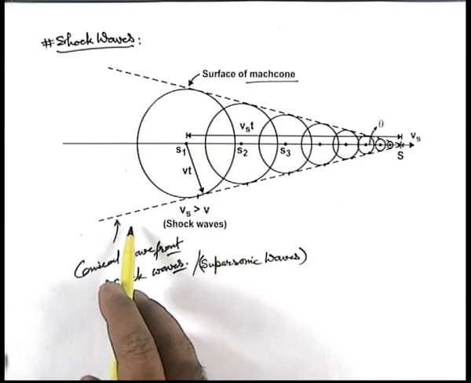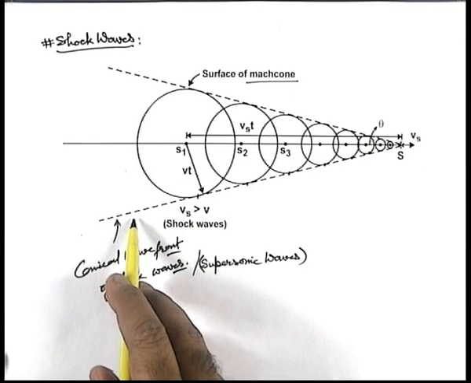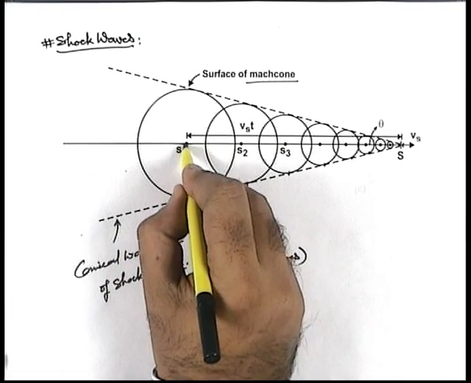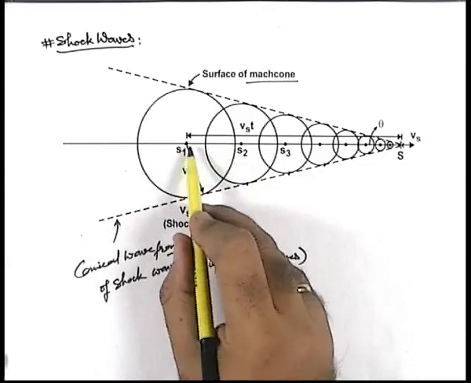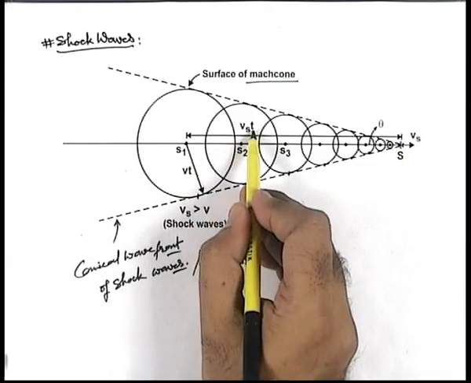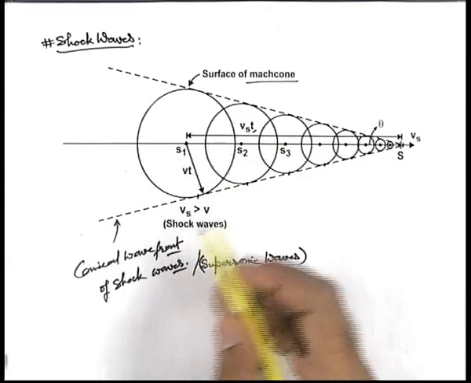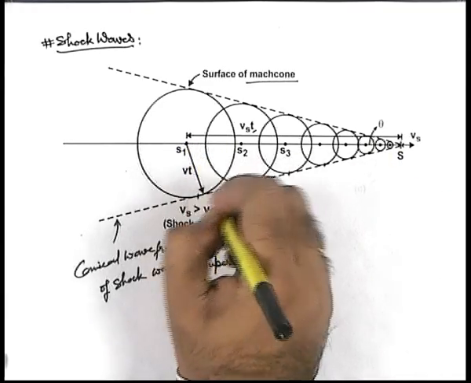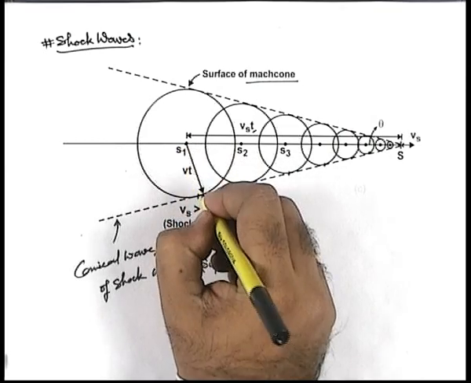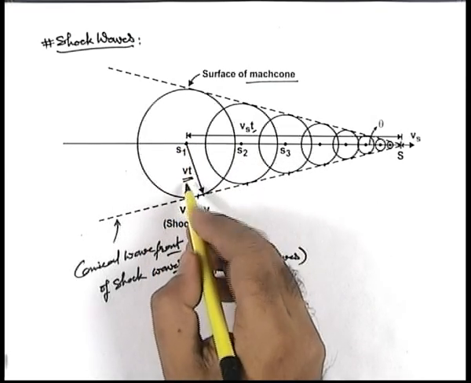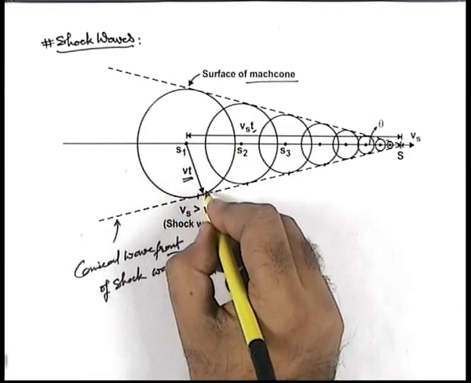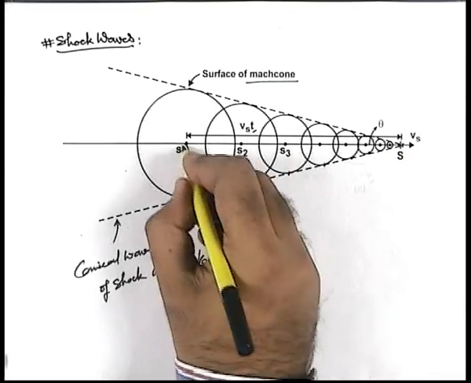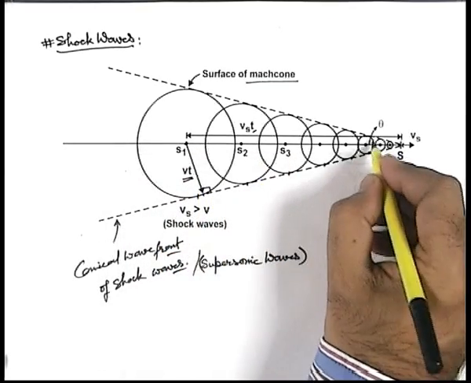and in this situation, if we analyze the basic geometry of the conical wavefront, we can say from initial position in a time t, the source will have traveled a distance vst, and in the same duration, this spherical wavefront would have traveled a distance vt. V is the speed of sound, and in this situation, if we talk about this right angle triangle, this angle is theta.